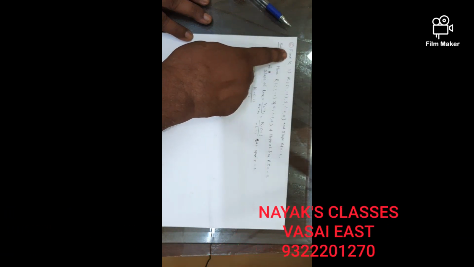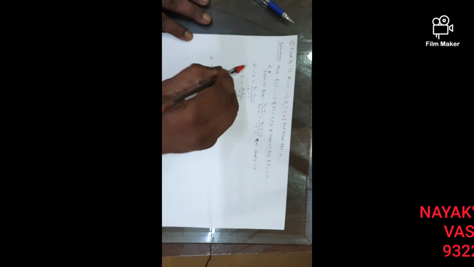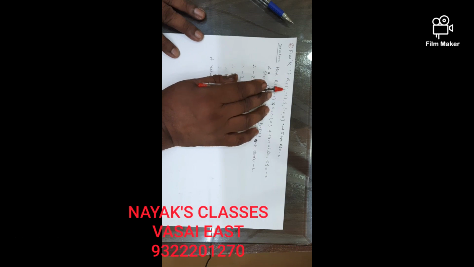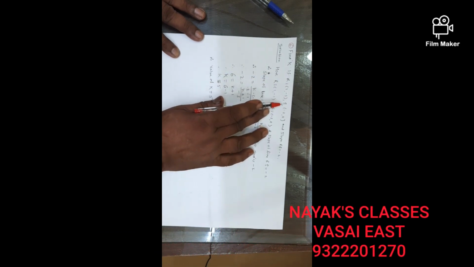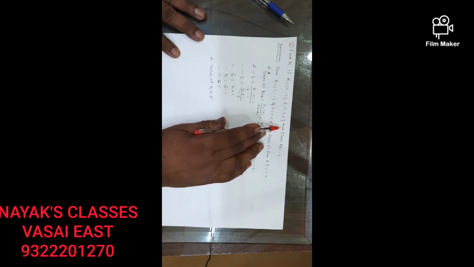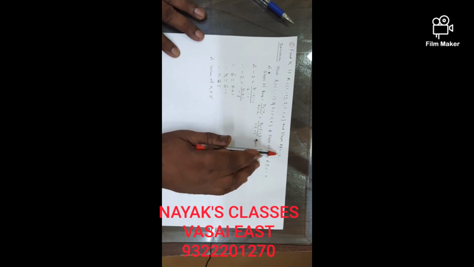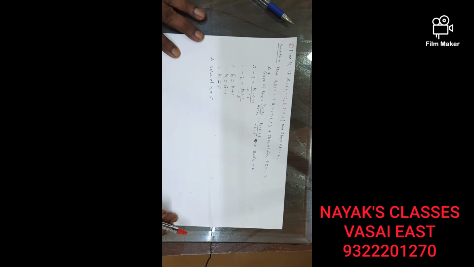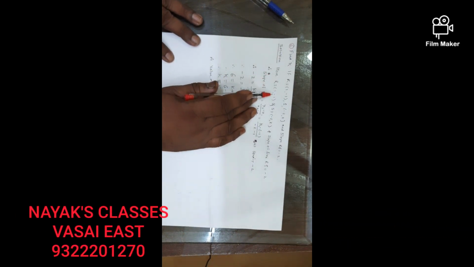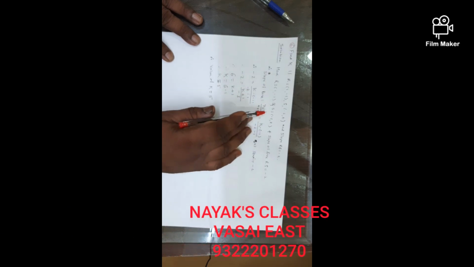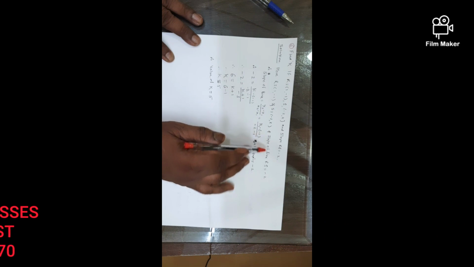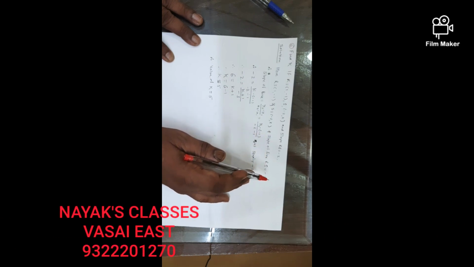Find k if R corresponds to (1, -1), S corresponds to (-2, k), and the slope of RS is already given as -2. So solution: R is (1, -1), S is (-2, k), and the slope of line RS is -2.